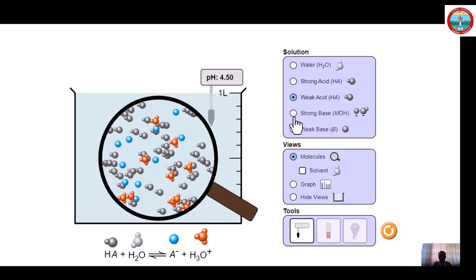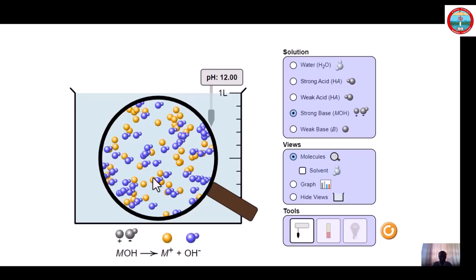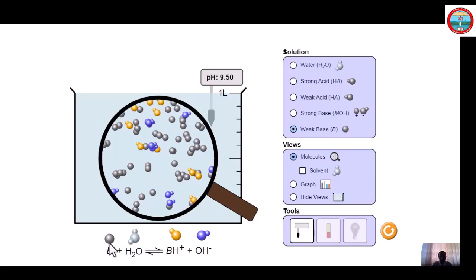Similarly for strong base, you can see that there is no undissociated molecule produced, but if the base is weak, there is undissociated base, this molecule, after the dissociation.